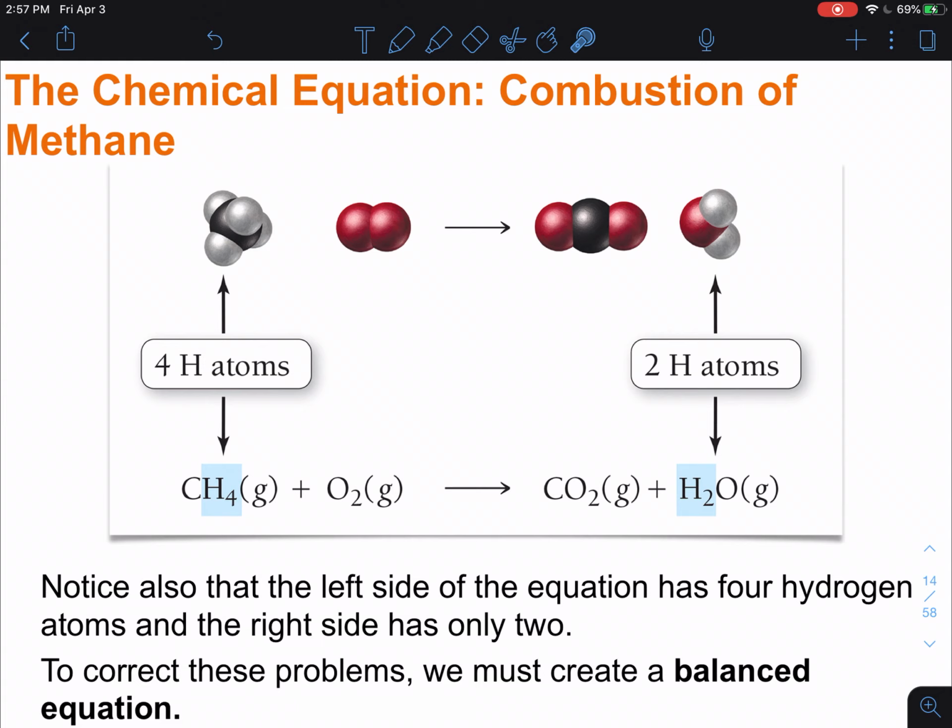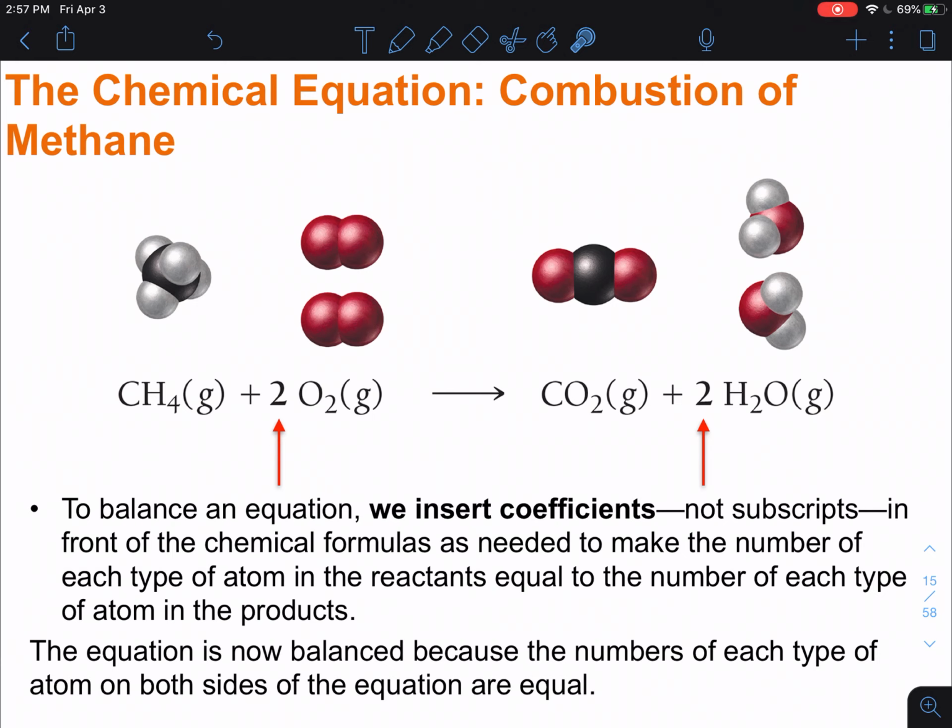You'll notice too that we have 1 carbon atom on the reactant side and 1 carbon atom on the product side. So even though carbon is balanced, hydrogen and oxygen are not. So in order to correct these problems, you have to create a balanced chemical reaction to appropriately represent what's actually going on right here.